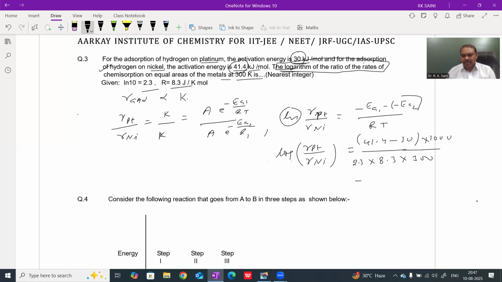On solving this equation, your answer is nearly 1.99. As an integer we write 2. Solve this equation.